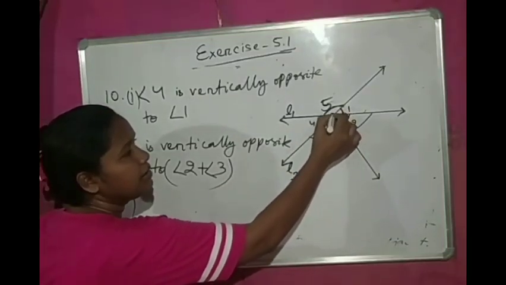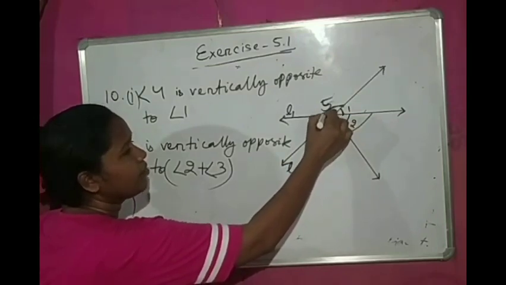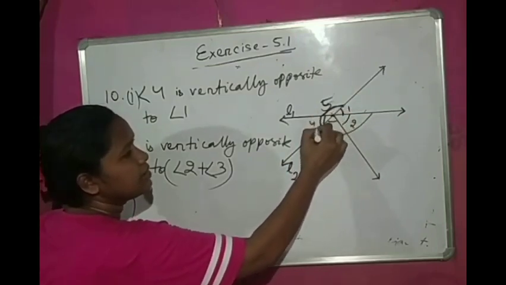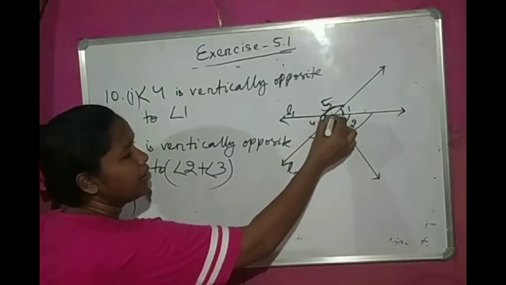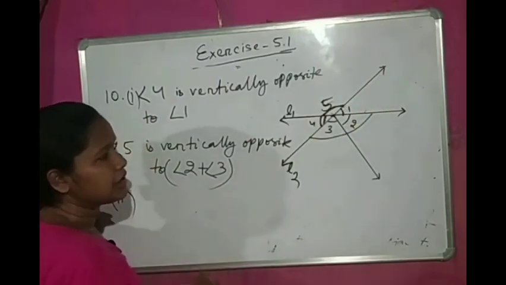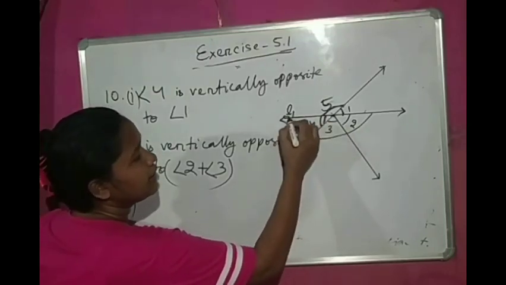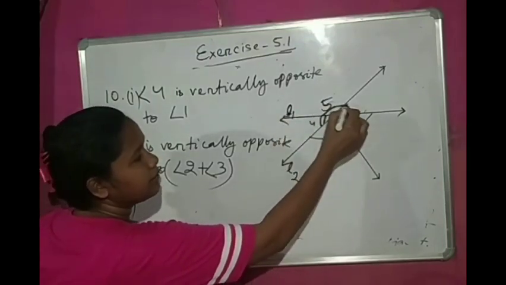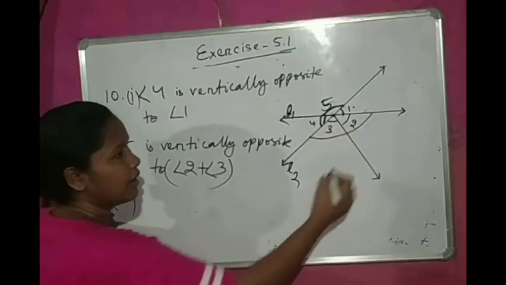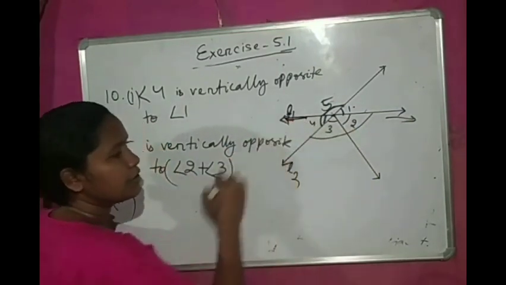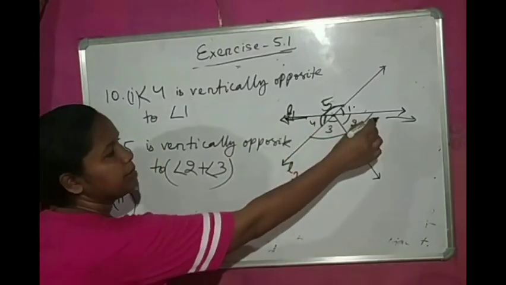So here, in this L2 line, these two angles are formed. Here the uncommon arms are opposite to each other. And look here, in the L1 line, angle 5 and angle 1 are forming a straight line, their uncommon arms are opposite to each other.